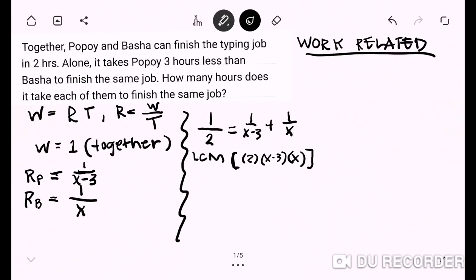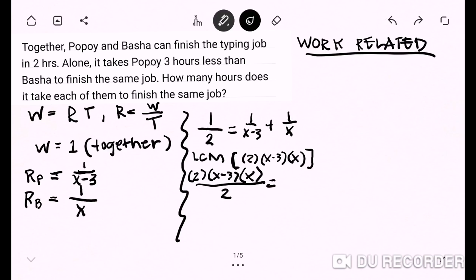So when we multiply 2 times x minus 3 times x sa 1/2, so this will result to 2 times x minus 3 times x all over 2 equals, ganun uli. So, multiply natin yung LCM dito kay 1 over x minus 3.